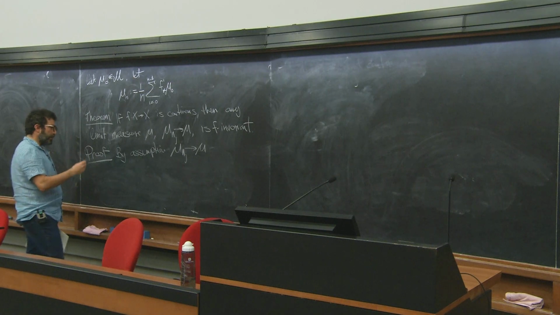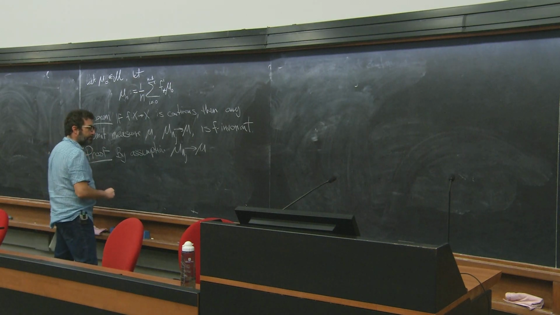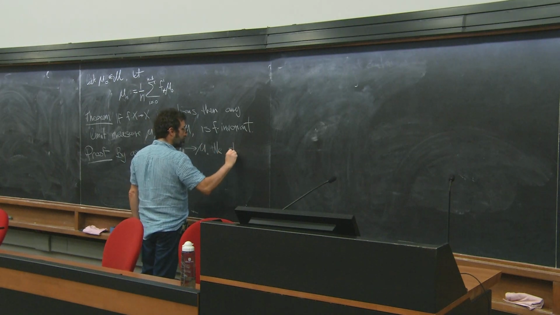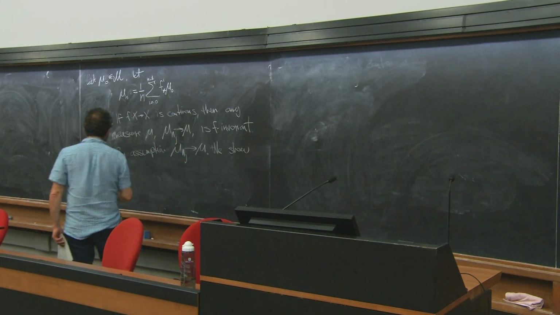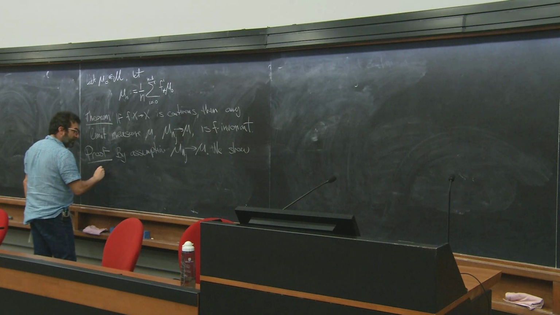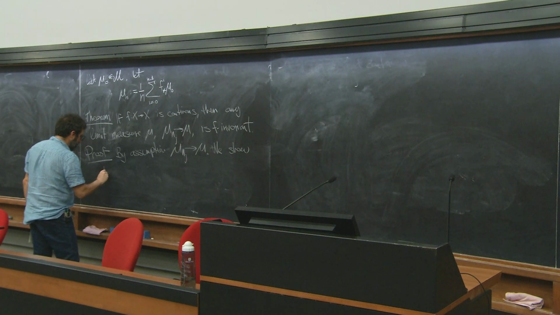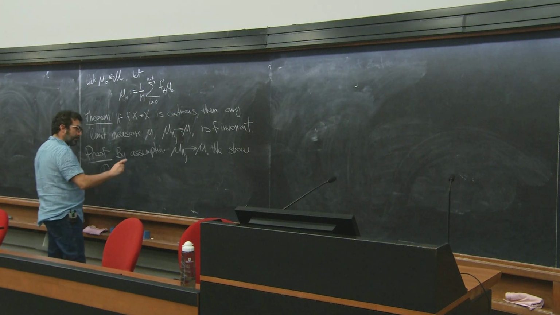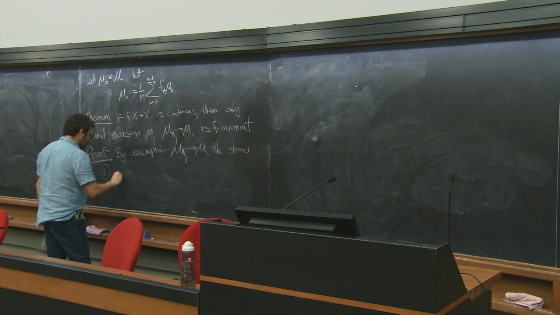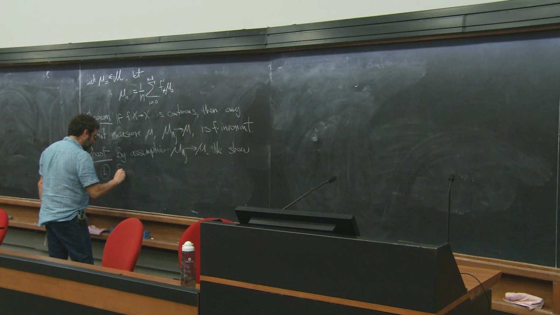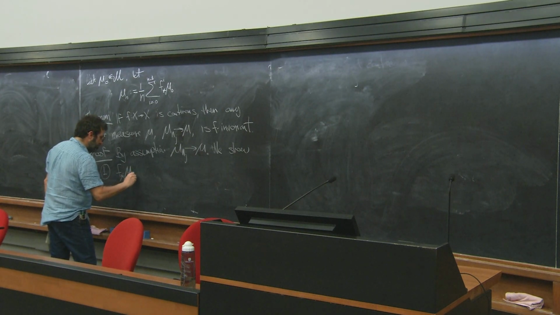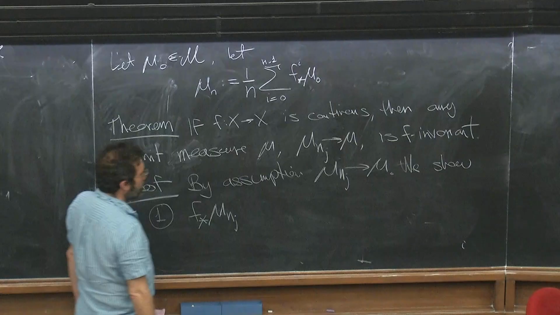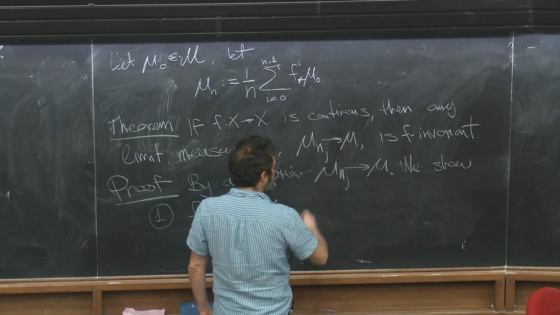And we're going to show 2 steps. One of them, the first one, is that if we now take the sequence f star of mu n j, so we look at this sequence here, right?